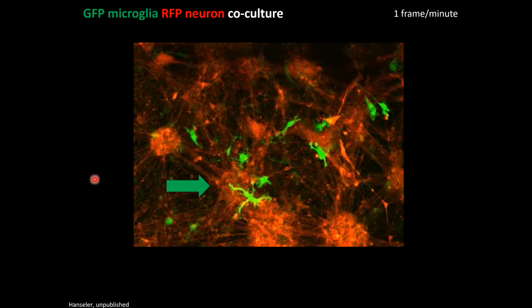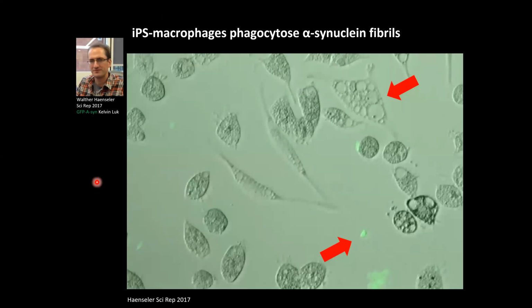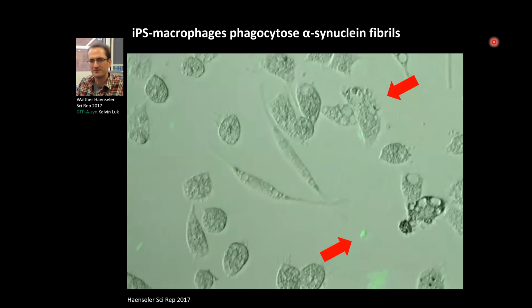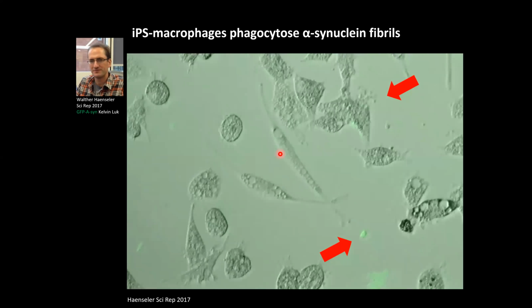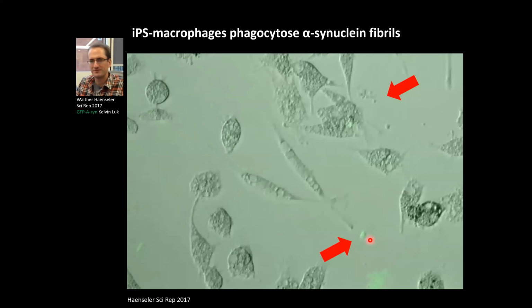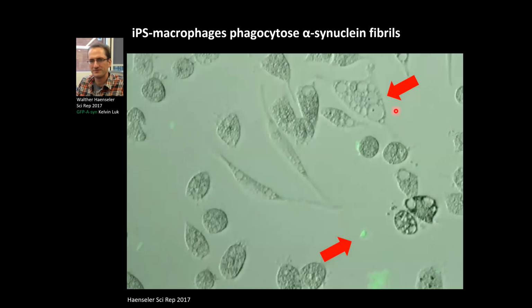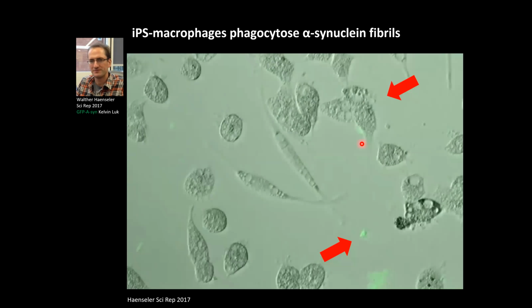So we often resort to monoculture to be able to observe these phagocytic events. Here's a macrophage that is about to phagocytose an alpha-synuclein particle that's tagged with 488. In it goes. And if we run the video again, we can also see this cell is about to die, and it's immediately consumed by its neighbours.